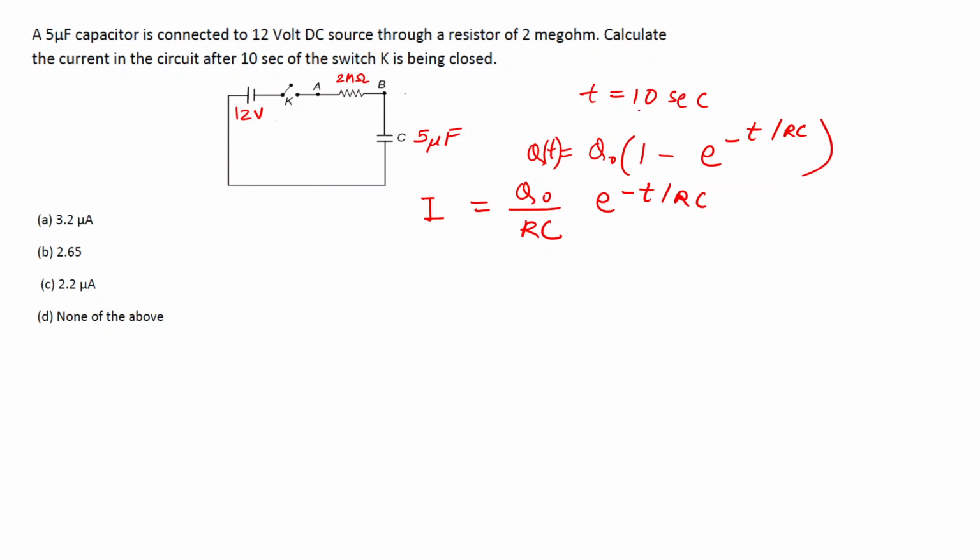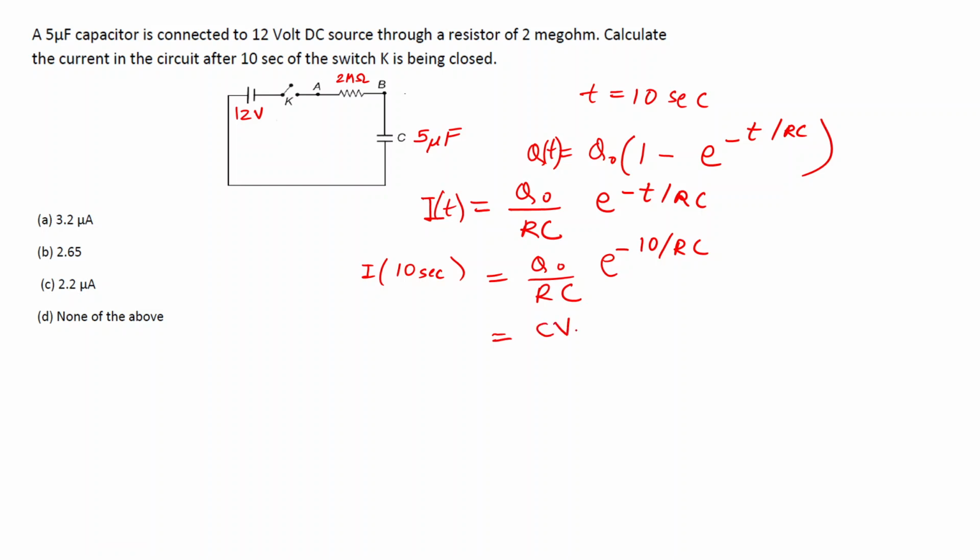Now after 10 seconds, what will be the current in the circuit? It will be q naught over RC e to the power minus 10 seconds over RC. What will be the value of q naught?